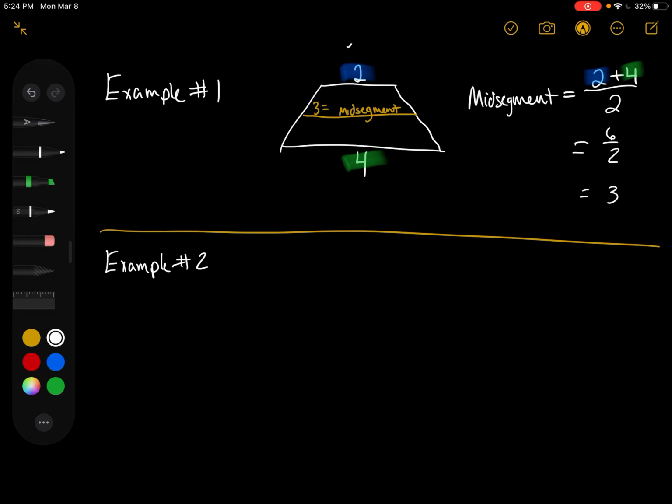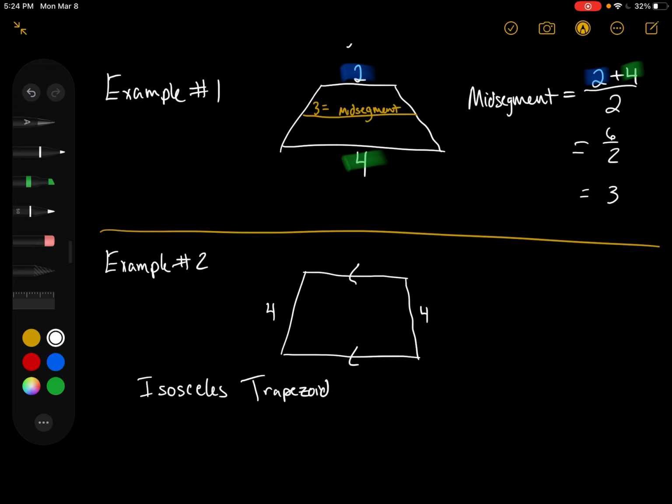And then example number 2 that we can share here is, let's say, something like this. So these are parallel, it's a quadrilateral, and this side length is 4, and this side length is 4. So based off of this, we can say that it's an isosceles trapezoid. Again, we have 2 equal side lengths.